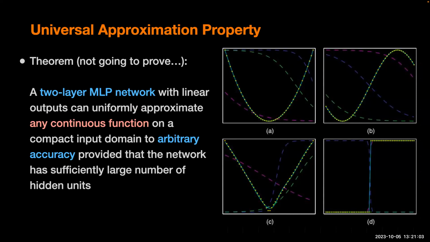A famous one is called the Stone-Weierstrass theorem, sort of the 101 theorem that you will learn in real analysis, saying that any continuous function can be approximated arbitrarily accurately with trigonometric functions. And in physics, you also know that for any continuous function, if I keep expanding the Fourier series, I will be able to approximate that function very well.